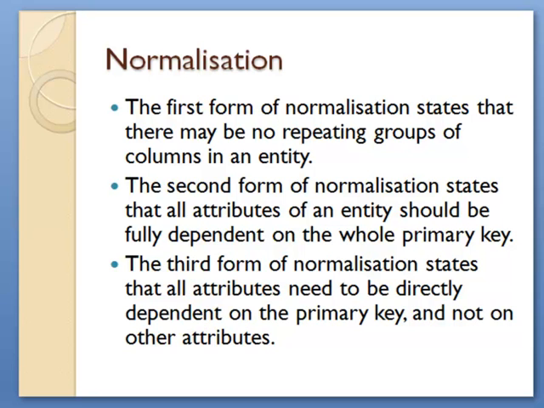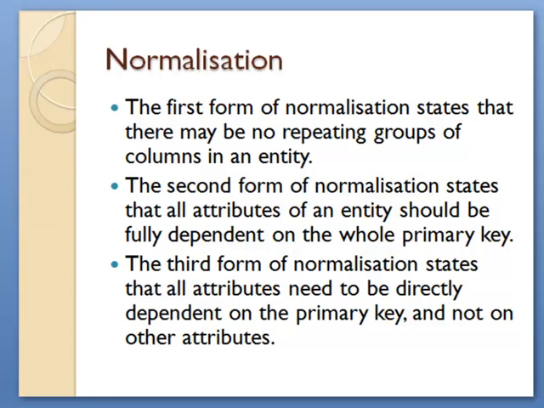Now in the second form of normalization, all attributes of an entity should be fully dependent on the whole primary key. So we put into the sales details anything that wasn't, and we discovered that the quantity or total sold wasn't really anything to do with what was in the sales, but was really to do with what was sold, so it goes into the sales details.